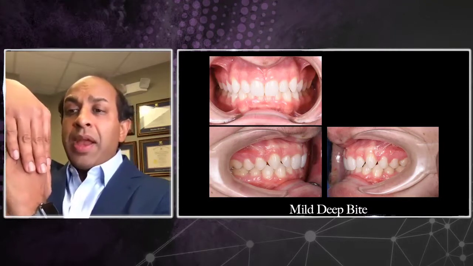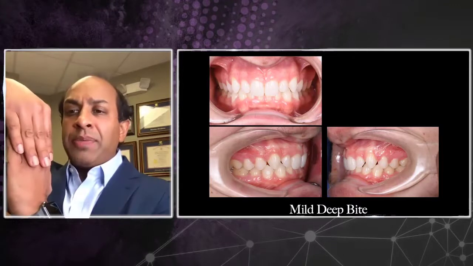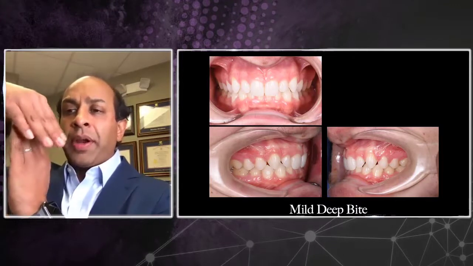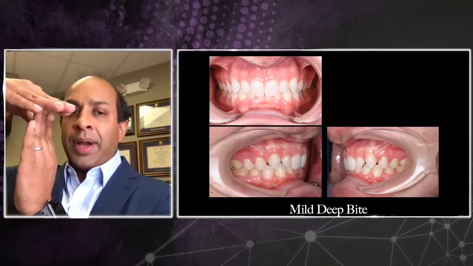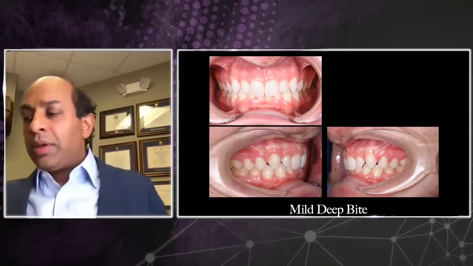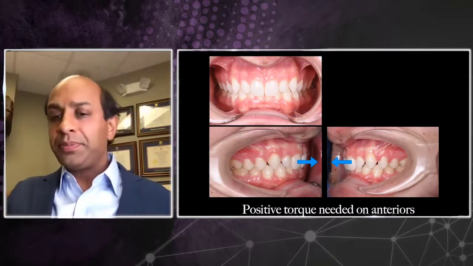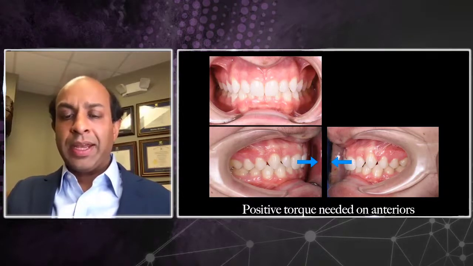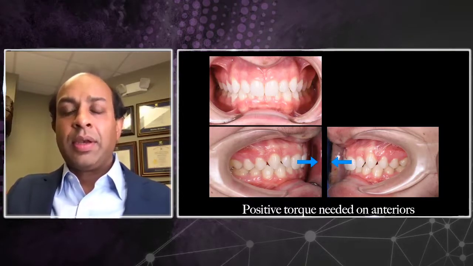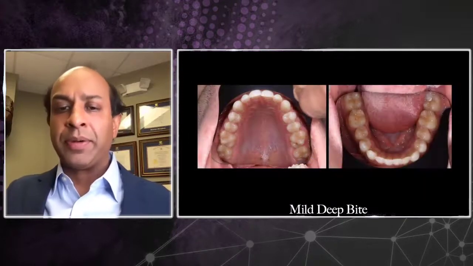But when we move them into the right position, what happens? It's called apparent intrusion. That bite opens. So this is an absolute case that can be done using aligners. And it's all based on the fact that those upper anterior teeth do not have the proper torque.